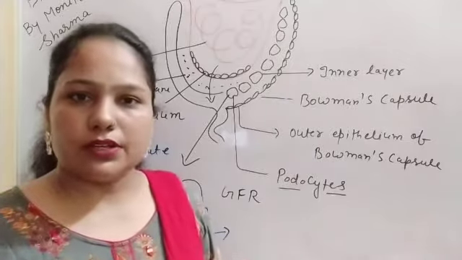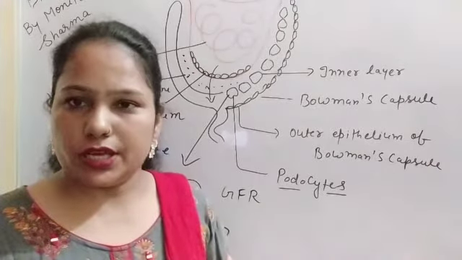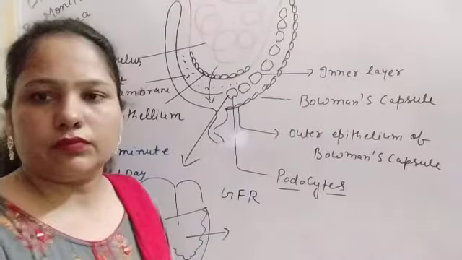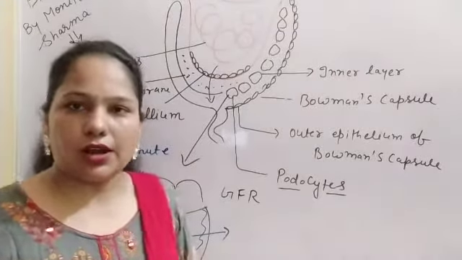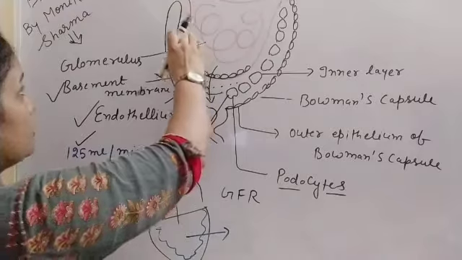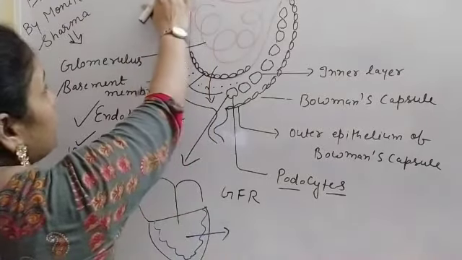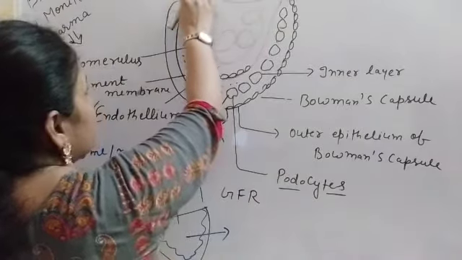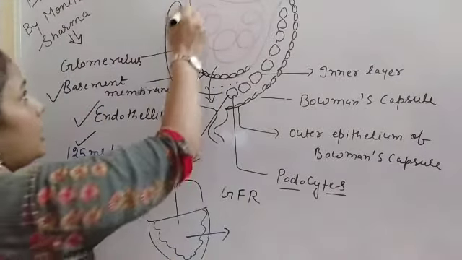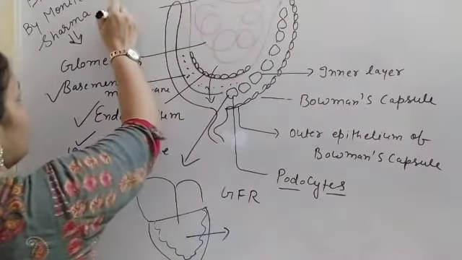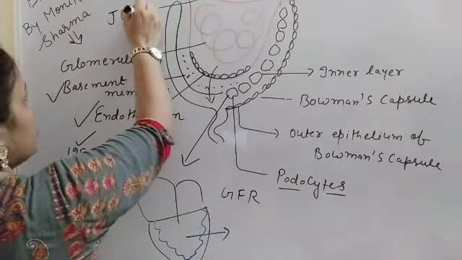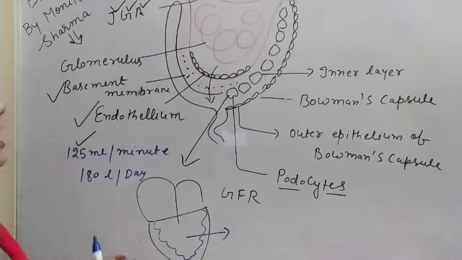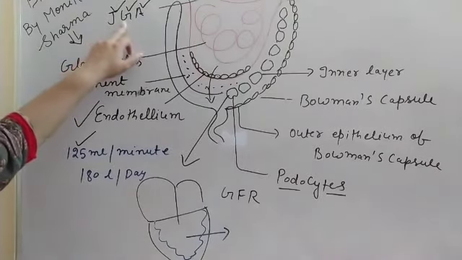Some cellular modification takes place in the distal convoluted tubule and the afferent arteriole at their contact. Here is the afferent arteriole and the efferent arteriole. This cellular modification is known as JGA, the juxtaglomerular apparatus.